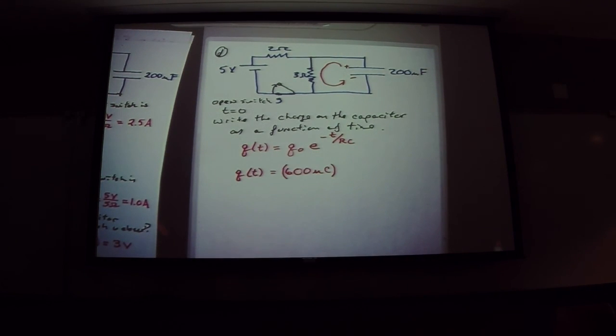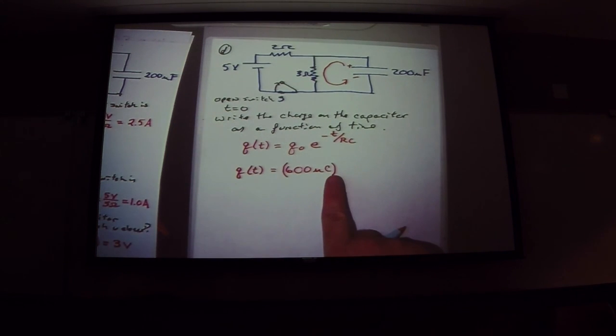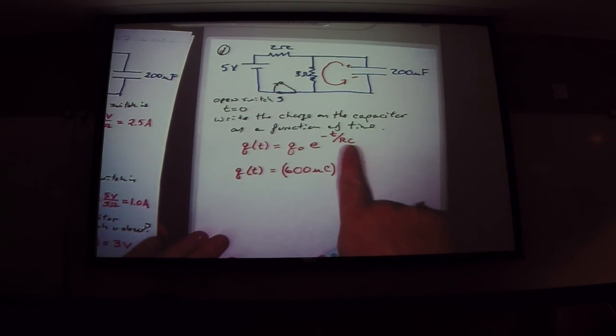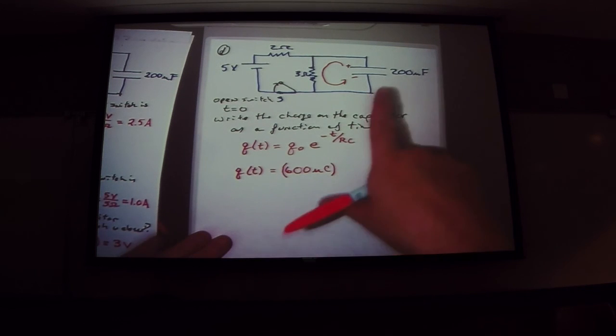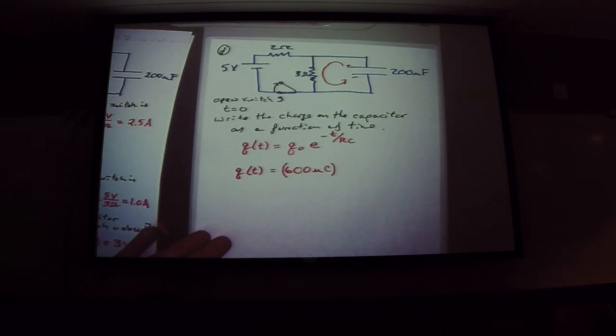I don't want you to get confused with this C as the variable capacitance. That's the unit of coulombs. Now I want to plug in for R times C. So the C, I know, is 200 microfarads. So what R do I use in this equation? 3 ohms.